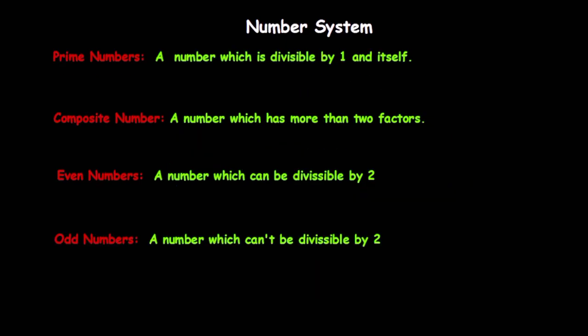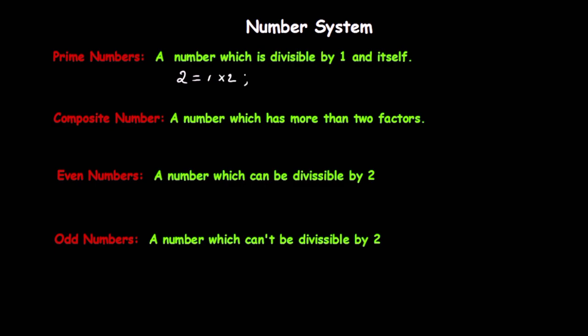about prime number. What is the prime number? The prime number is a number which is divisible by 1 and itself. Can you give me some example of a number which is divisible by 1 and itself? Yes, first suppose you take a number like 2. The number 2 is not divisible by any other number except 1 and itself.